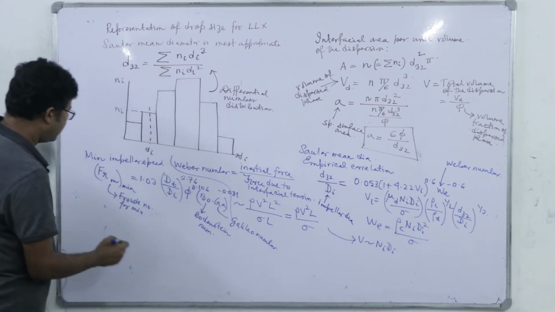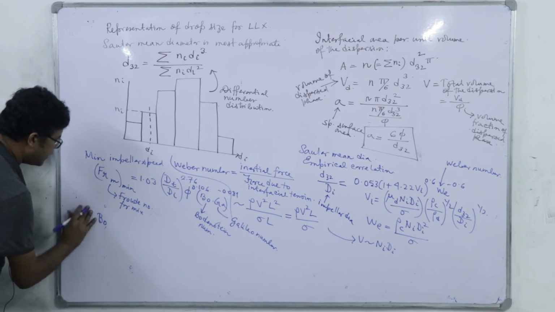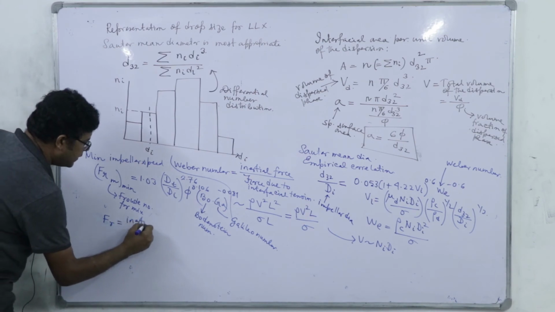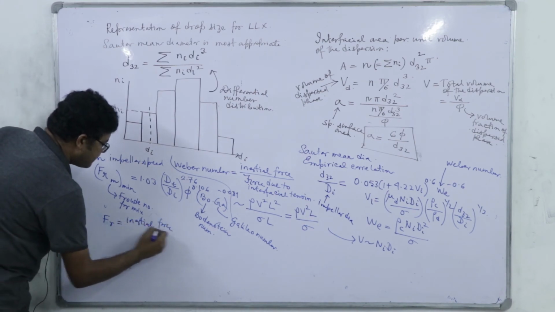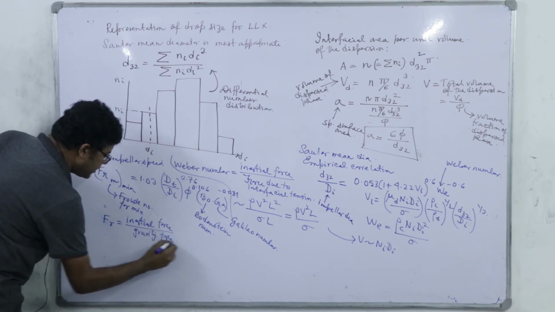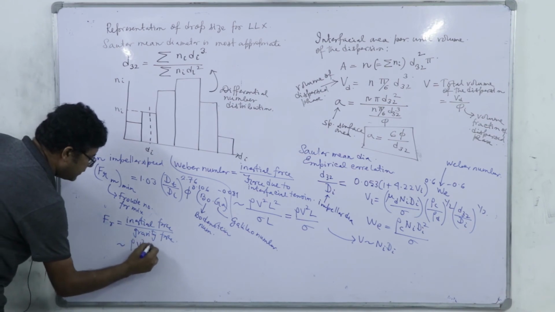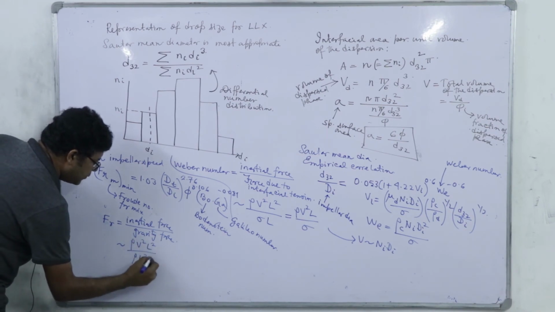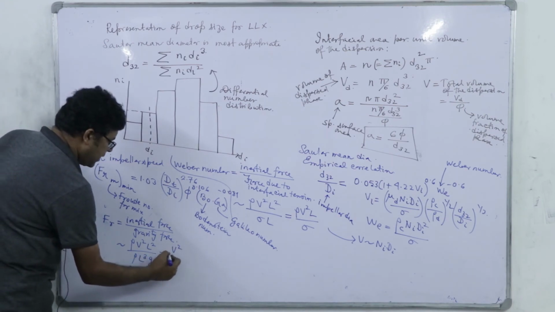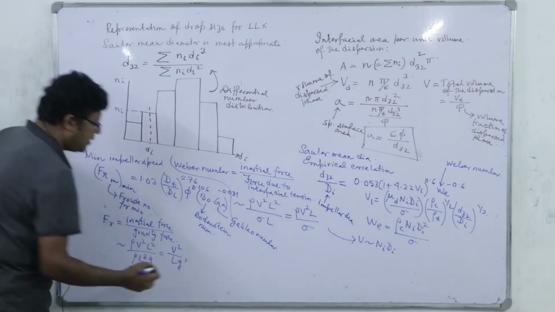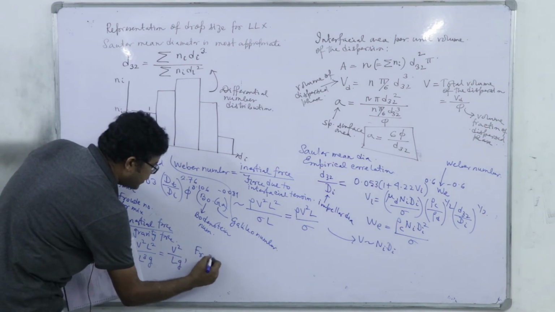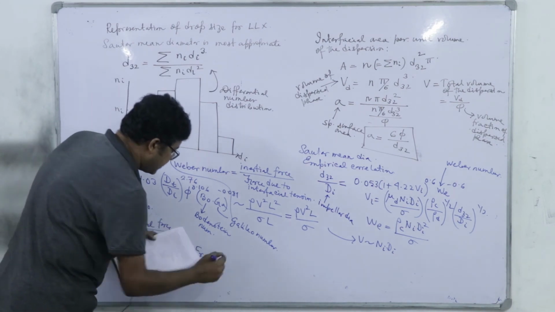Right. Now, Bond number, or first let us discuss the Froude number. Froude number is what? Inertial force by gravity force, right. So, it is rho v square L square by rho L cube g, right, v square divided by Lg. Now, Froude number for mixture, how is it defined?